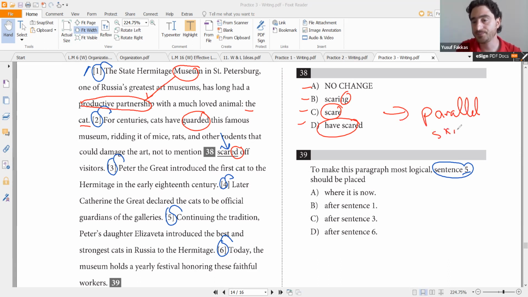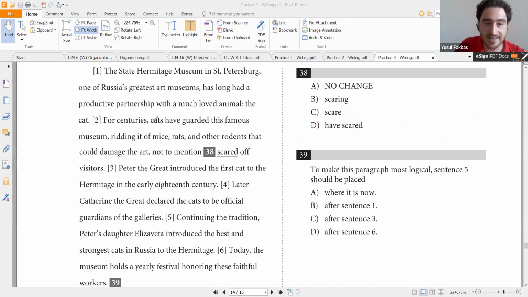Parallel structure. Good. Now, if we focus on the sentence itself, it says, cats have guarded this famous museum, ridding it of mice, rats, and other rodents that could damage the art, not to mention scare off visitors. As you can see, we have different verbs here. The first one is in the present perfect, have guarded.